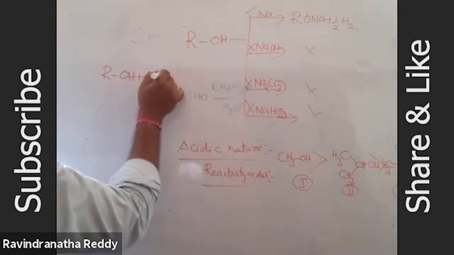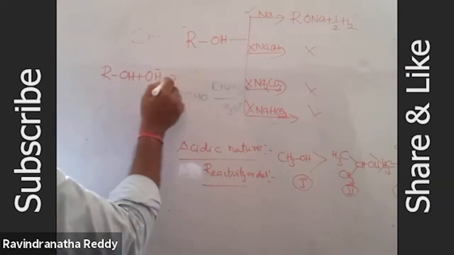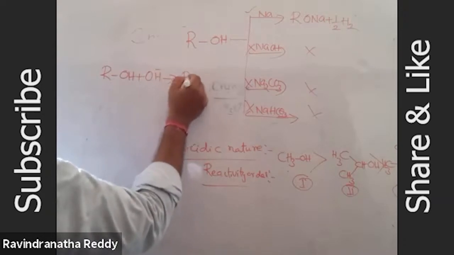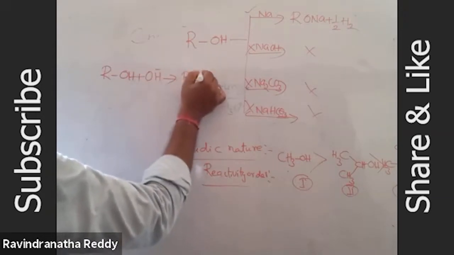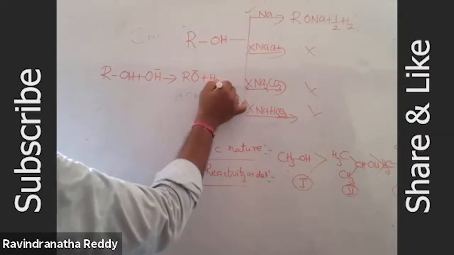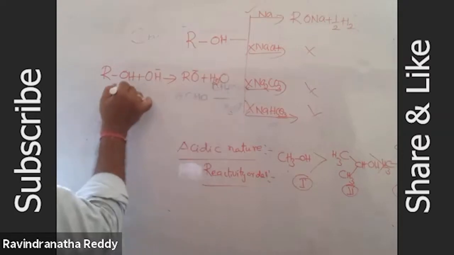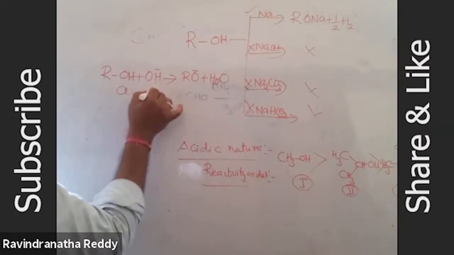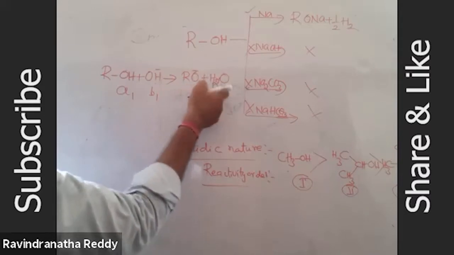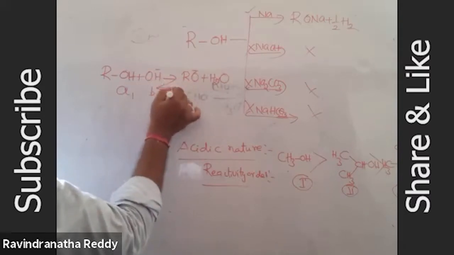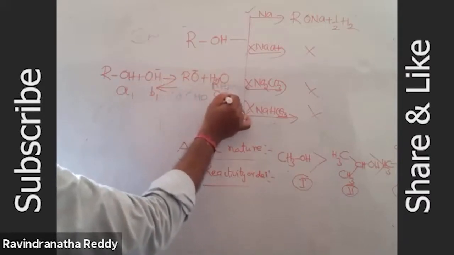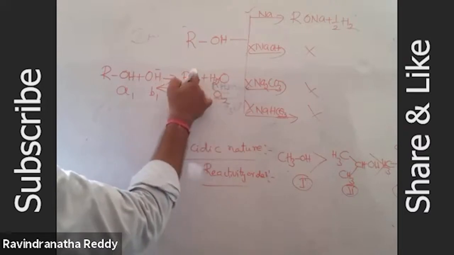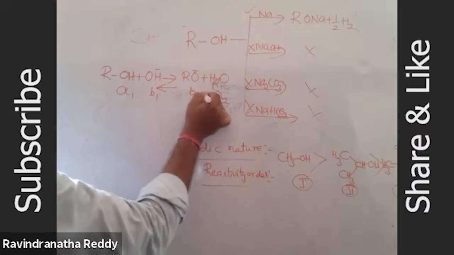Acid means proton donor, to the base OH minus. So we get RO minus plus H2O. This is acid 1, this is base 1. This is a proton donor in the backward reaction, and a proton donor is an acid, so acid 2. This is a proton acceptor, base 2.